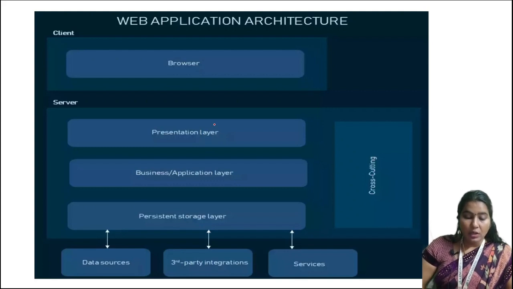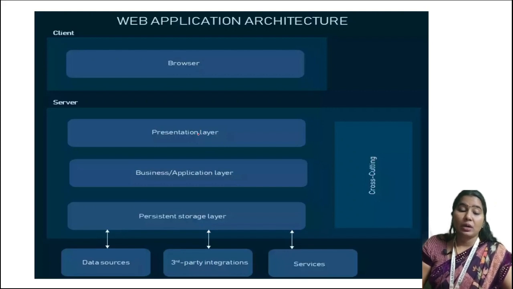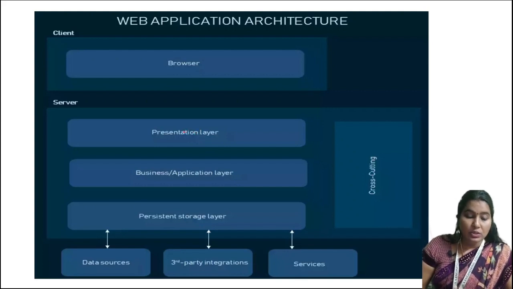So what is the presentation layer here? Just think of a web application as a restaurant. Here the HTML is the menu, listing all the dishes, which content is available there. The second thing, CSS, is the interior design, setting the ambience and style.